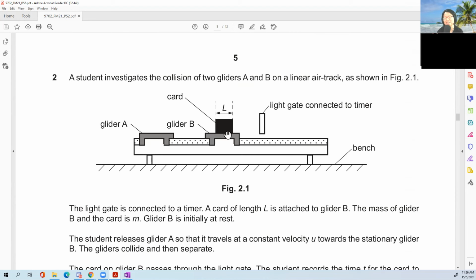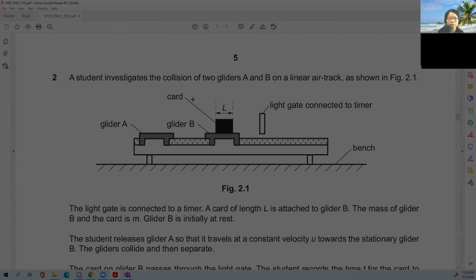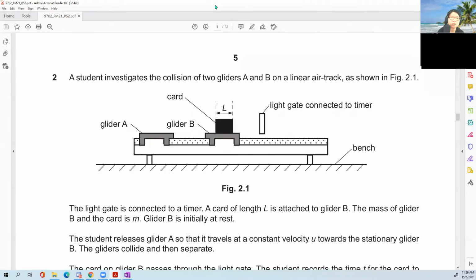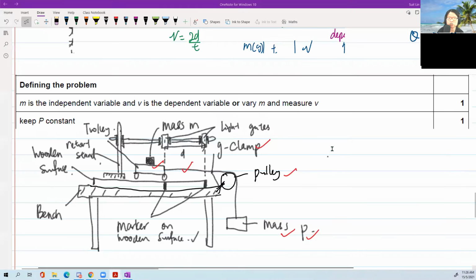But my problem with the light gate is that you need to stick the card and then you need to put the mass. And I want the mass to be as center as possible. So the card has to be to the back. And I don't know whether I can align the light gate. So I don't know. But it's fine. I don't think they care about that level of detail. So put the card here, okay, and then let it go through the light gate. So this is an example of how you would change the drawing a bit.